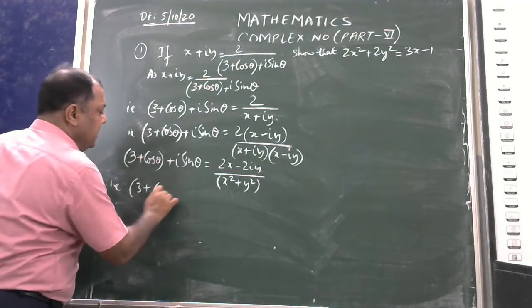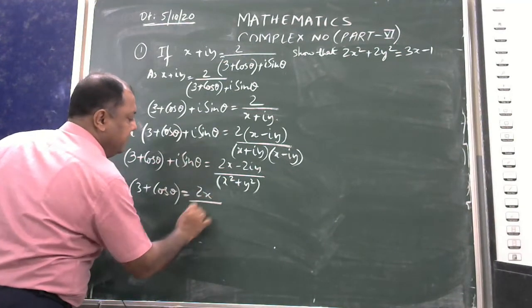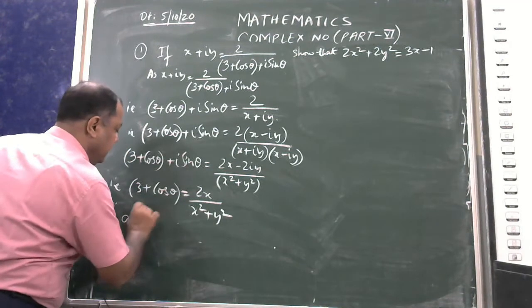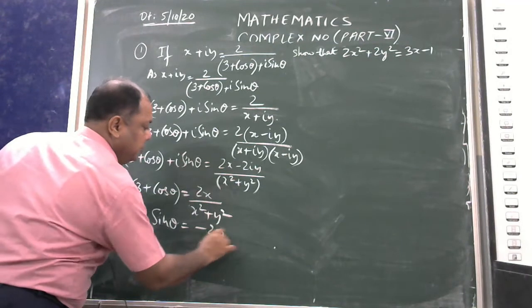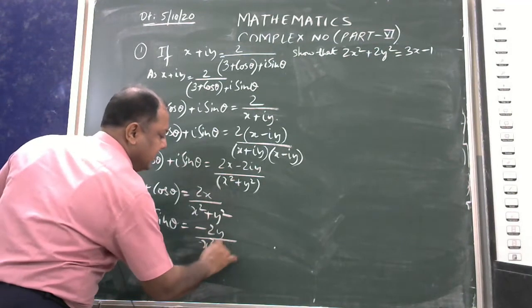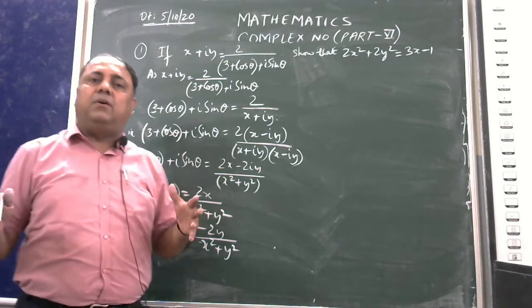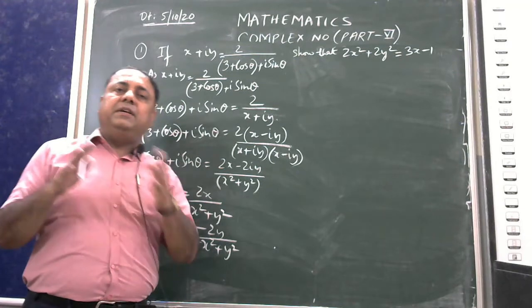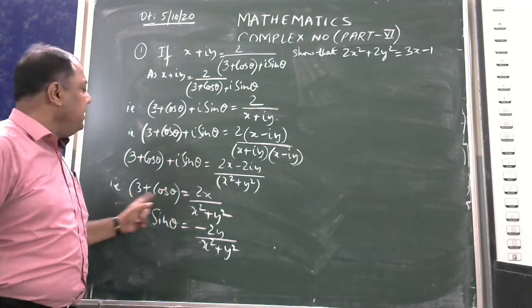3 plus cos theta is equal to 2x by x squared plus y squared, and sin theta is minus 2y by x squared plus y squared. I am equating the real part with the real part, and the imaginary part with the imaginary part.